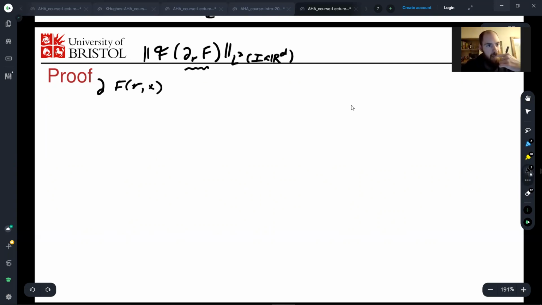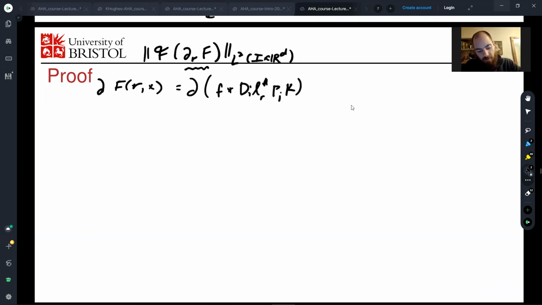Well, what's this? This is a partial derivative on a convolution, right? And that convolution is f convolved with the dilate by r, oops, that's a positive one, of your P_{j,k}. The derivative, you can move by linearity just onto that piece. So that's actually just f convolved with this.